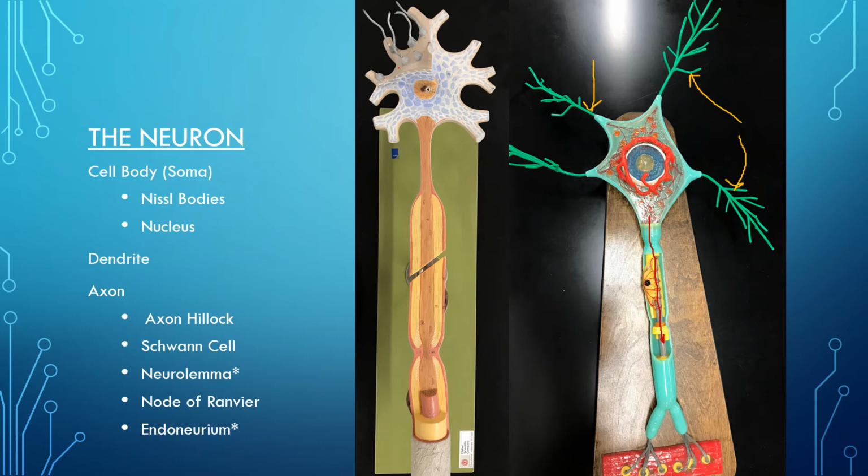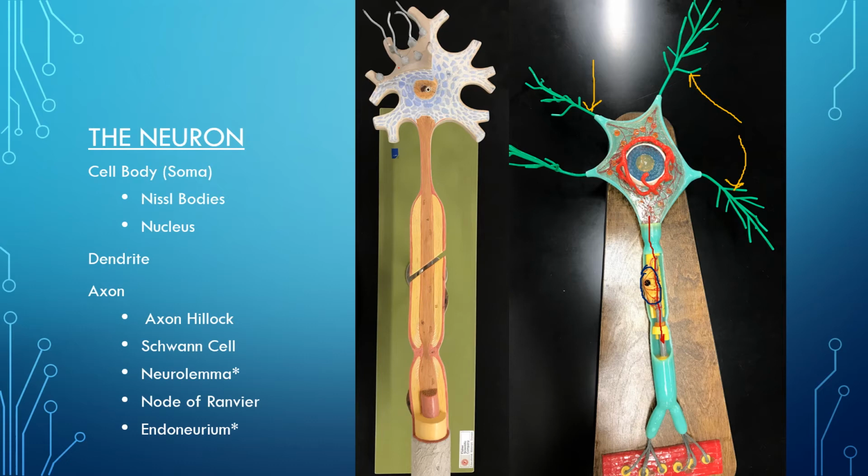I keep changing colors here to try to see if I can find one that's easier for you to see. But the Schwann cell is this cell right here. I don't know if you can see this. That's kind of wrapping itself around the axon. That's your Schwann cell. And remember, this is where your myelin sheath comes from. On this particular model, you can't see the neurolemma, so we won't worry about that here.